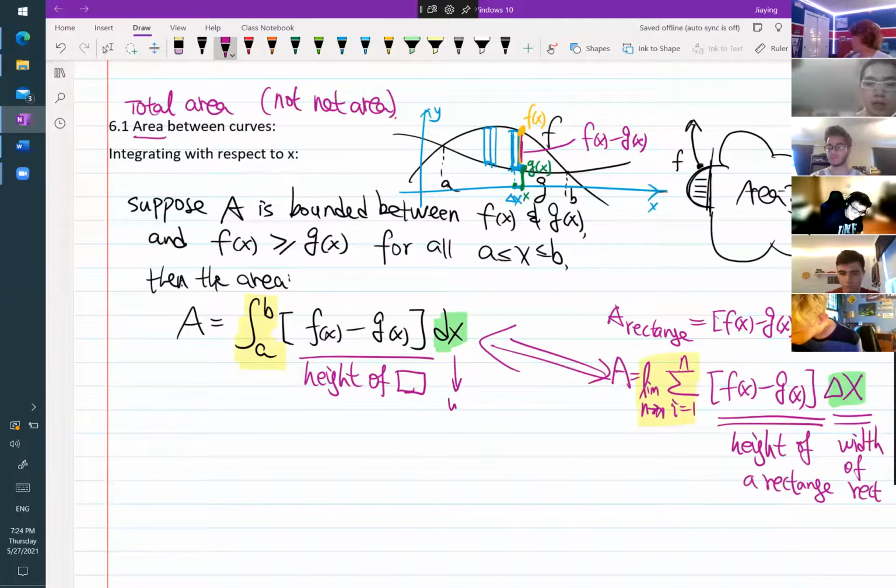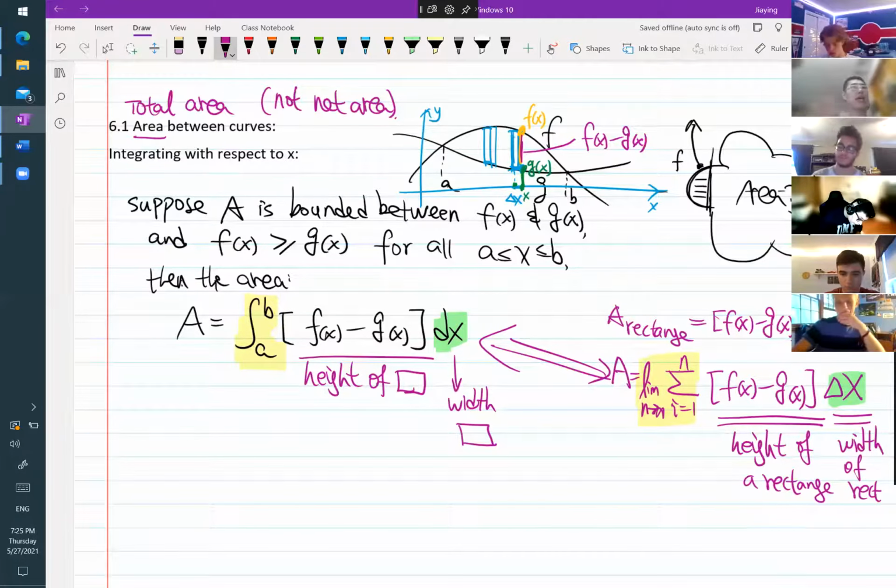This is the width of the rectangle. If you take the height and the width of each rectangle and multiply them together, that will give you the area of one rectangle. But if you add all of them together, you get the total area. So that's integrating with respect to x.